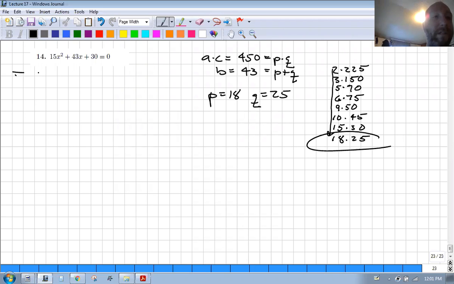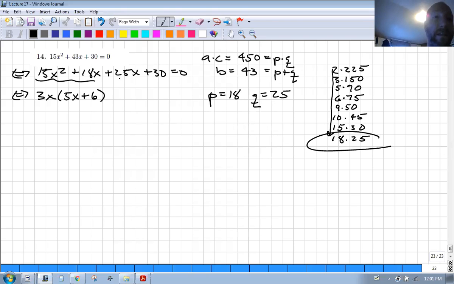So let's rewrite this guy. 43x, we're going to rewrite as 18x plus 25x. Out of here, I'll factor out a 3x. That gives me 5x plus 6. Over here, I'll factor out a 5. That gives me 5x plus 6 again.